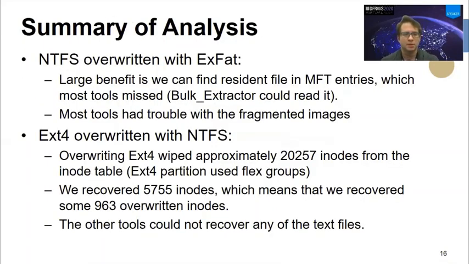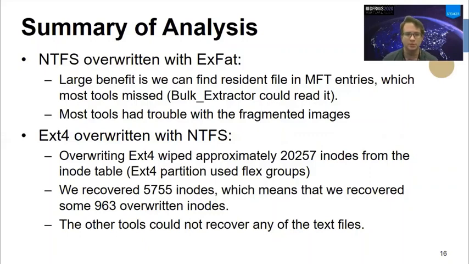So this is a quick summary of the analysis based on our results. For NTFS overwritten with exFAT, a large benefit is that we could find resident files in the MFT entries, which most of the tools missed. Obviously, something like the bulk extractor could read it because it essentially shows a hex dump of the MFT entry.